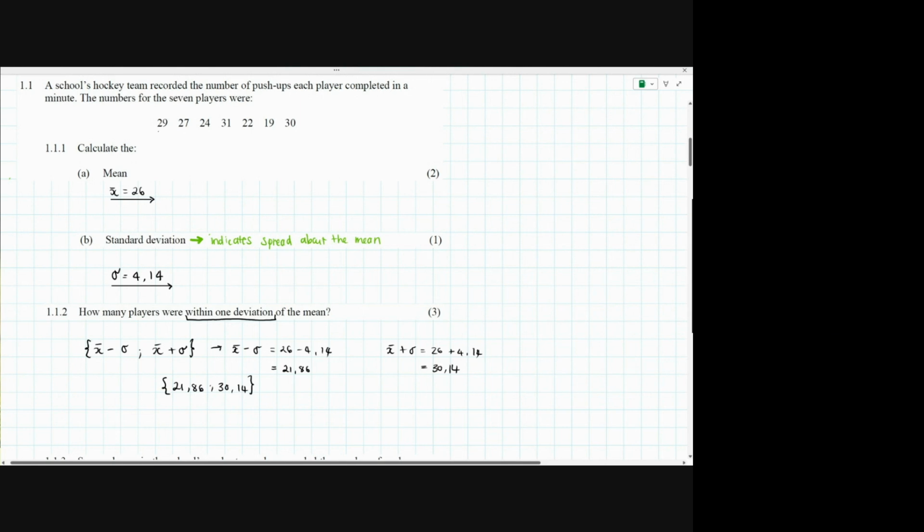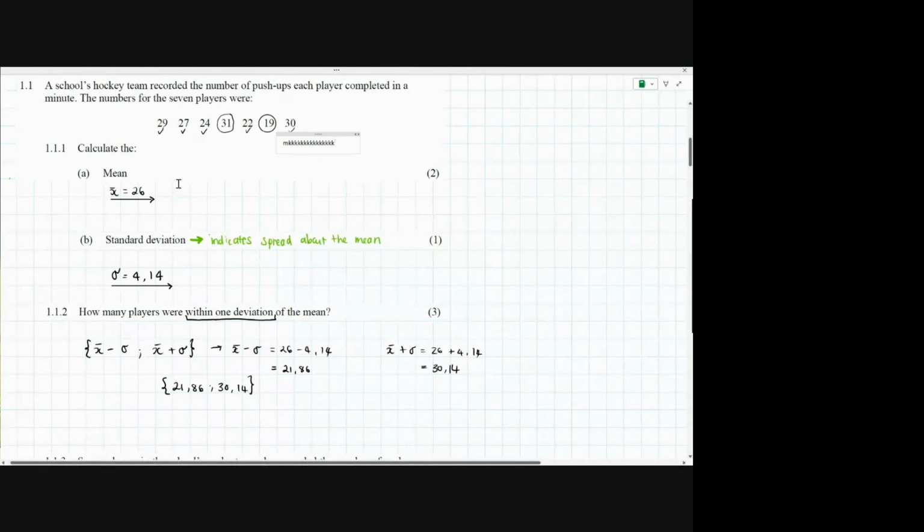So 29 definitely falls within that range. So does 27. So does 24. 31 is too big. It falls outside my range. 22 is in that range. 19, too small, doesn't fall within my range. 30 is fine. So there are 2 data points out of the 7 that fall outside of 1 standard deviation, which means that within 1 standard deviation I have 5 data points.